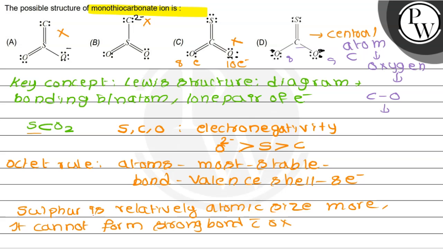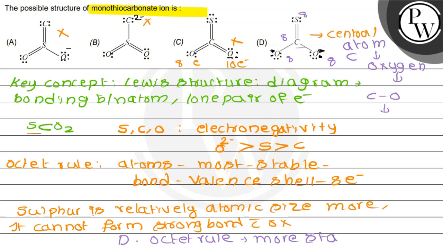So in structure D, all the atoms obey the octet rule. So it is the more stable structure.